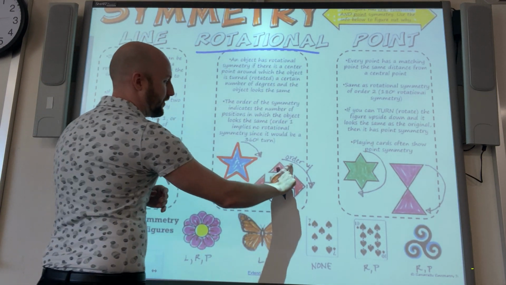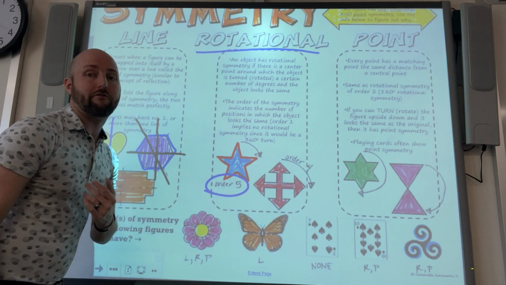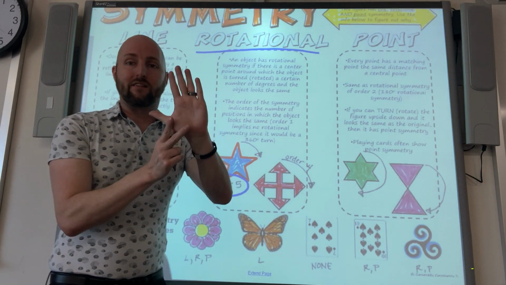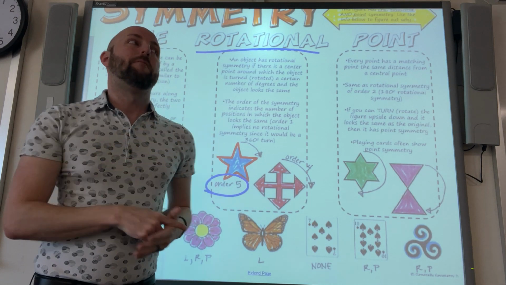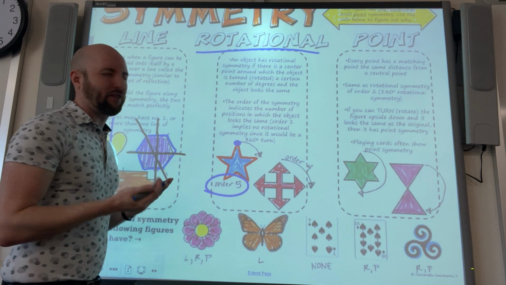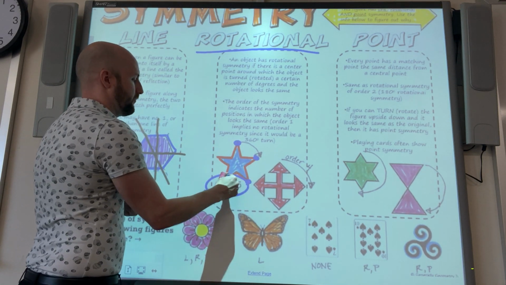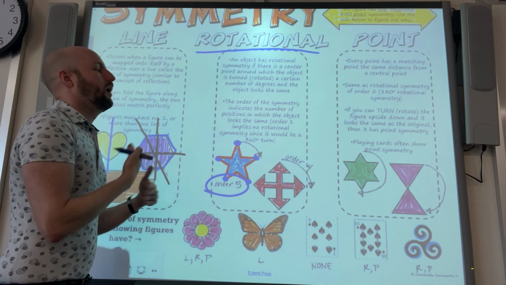You'll notice on the answer key that this one says order 5. That means how many stopping points along the way do I have rotational symmetry? We start with that one as 1, and then from there we have 2, 3, 4, and 5. So we are at order 5.